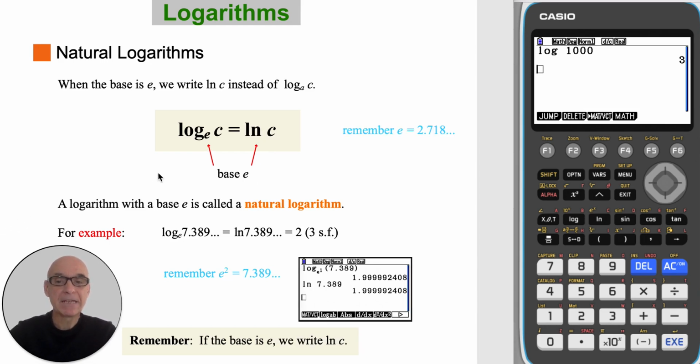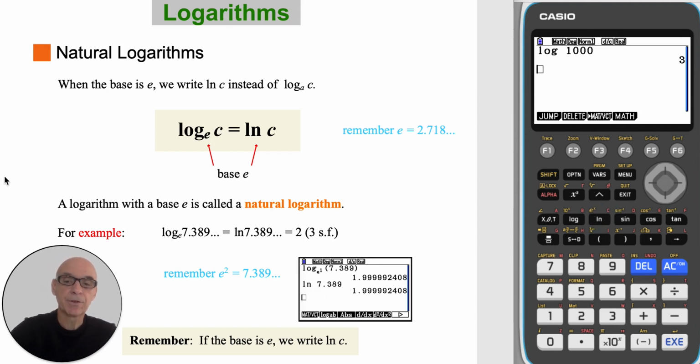When the base of the logarithm is e, we write ln instead of log. A logarithm with a base e is referred to as a natural logarithm. There is a special button on the calculator for natural logarithms.